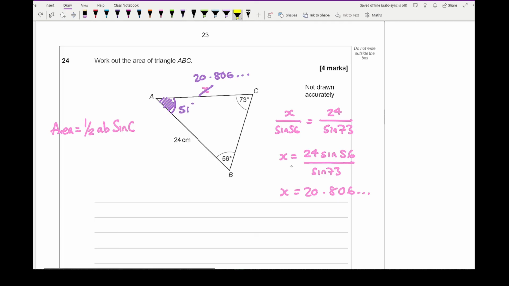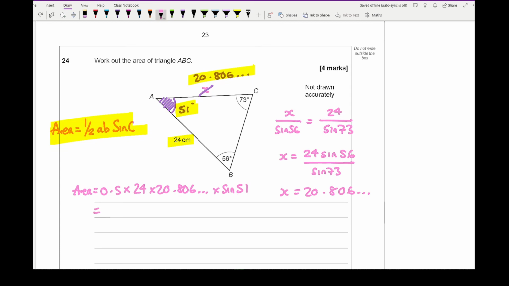So then to use this formula to work out the area of a triangle, I'm going to use this length here, which is still on my calculator, and this angle here. So to work out the area, it's going to be 0.5 multiplied by 24 multiplied by 20.806, and whichever rounding you've used for that, multiplied by sine 51.